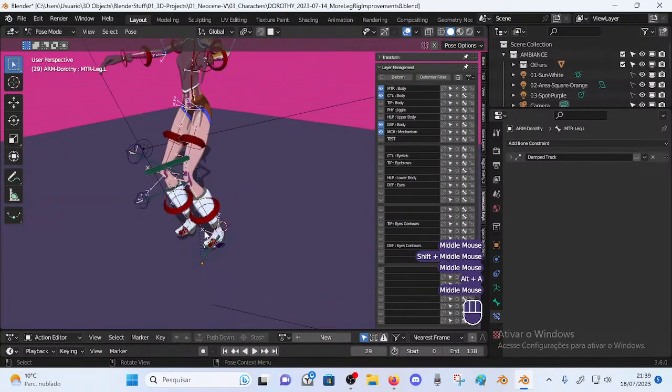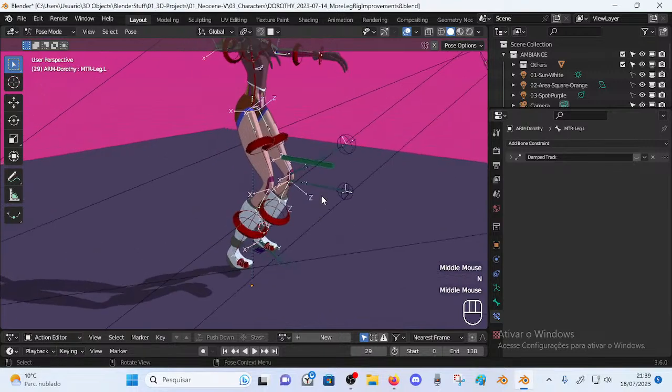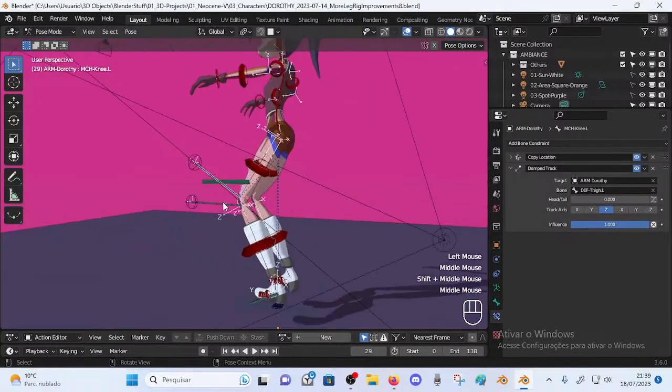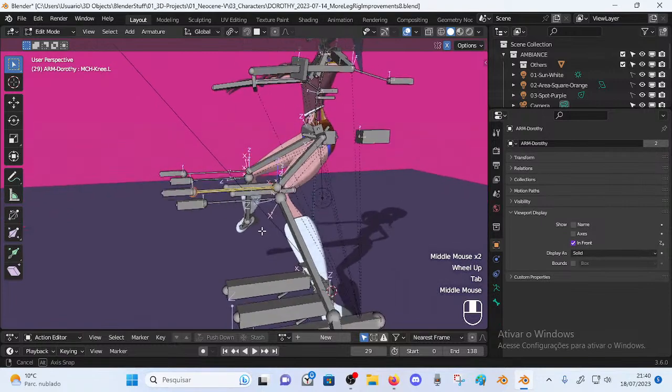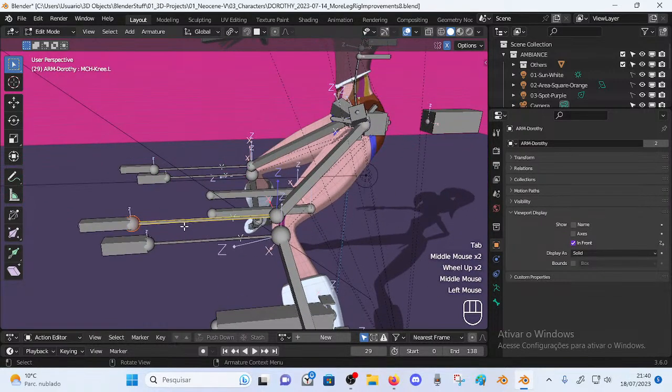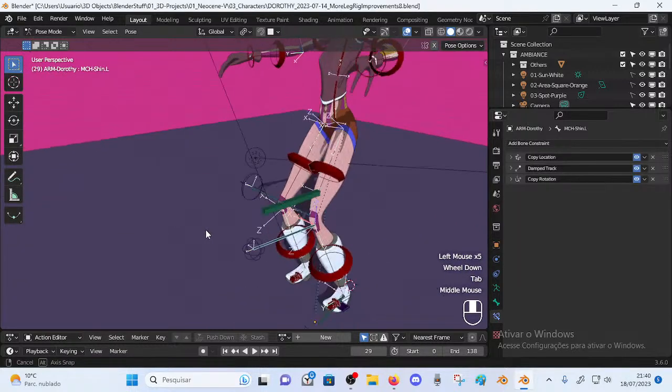Now let's see, what are those contraptions here? I've made these, I don't know if they are necessary. Those are just mechanical bones, just spatial bones, let's say.